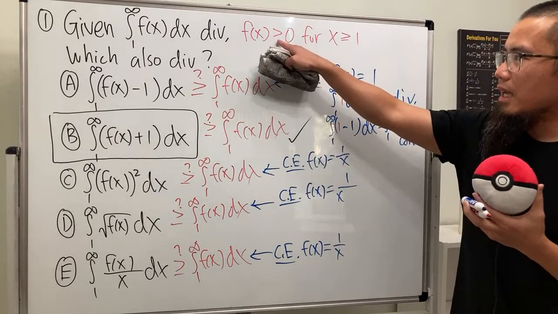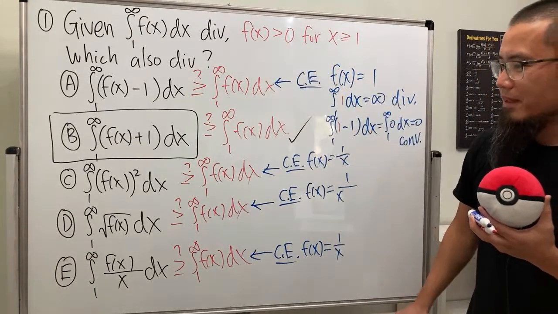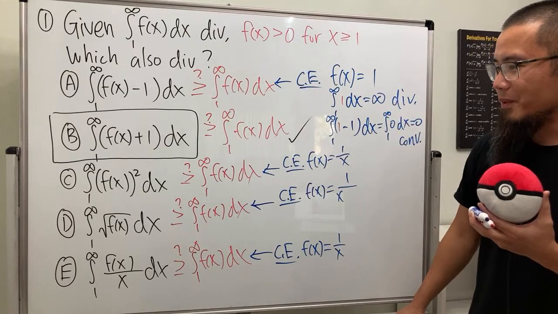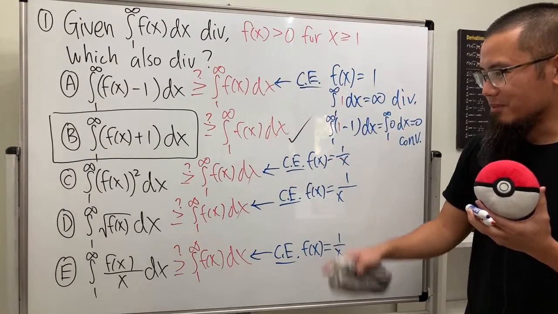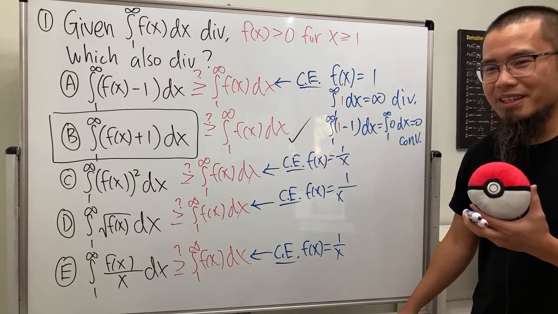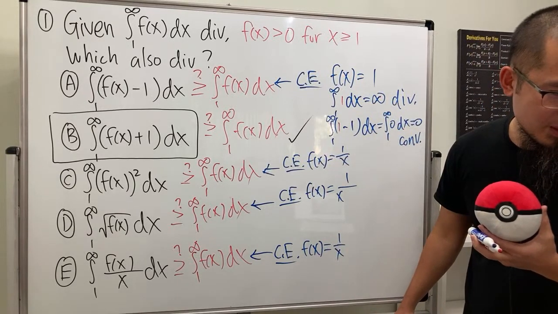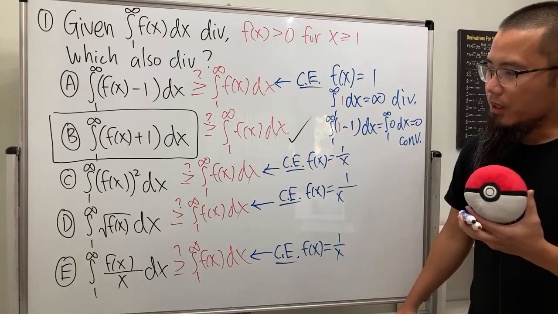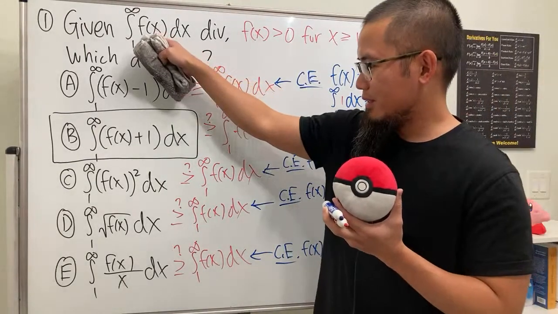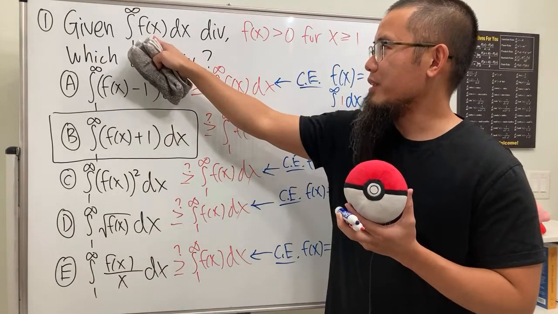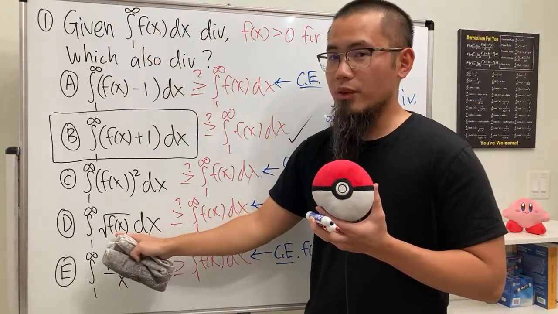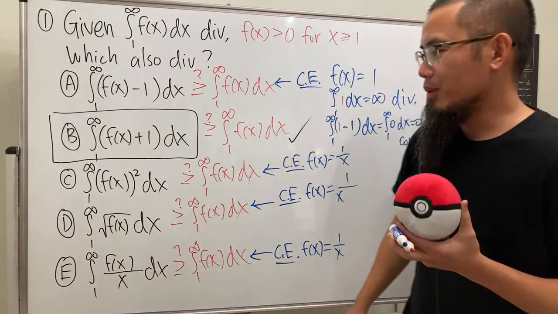I think because I have this condition, it makes it much harder for me to come up with a counter example. So if you have 1 over x right here, that diverges. If you have square root of 1 over x, that still also diverges.